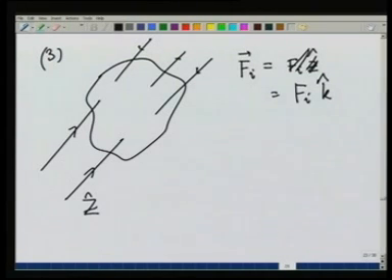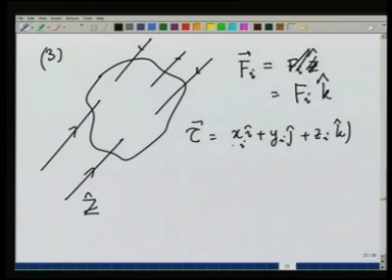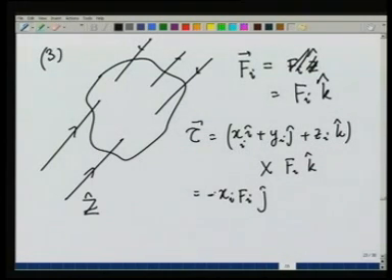And therefore, if I were to calculate their torque about any given point, the torque which is (x i i plus y i j plus z i k) cross f i k would give me again x i f i, i cross k is j with a minus sign, plus y i f i, j cross k is i.